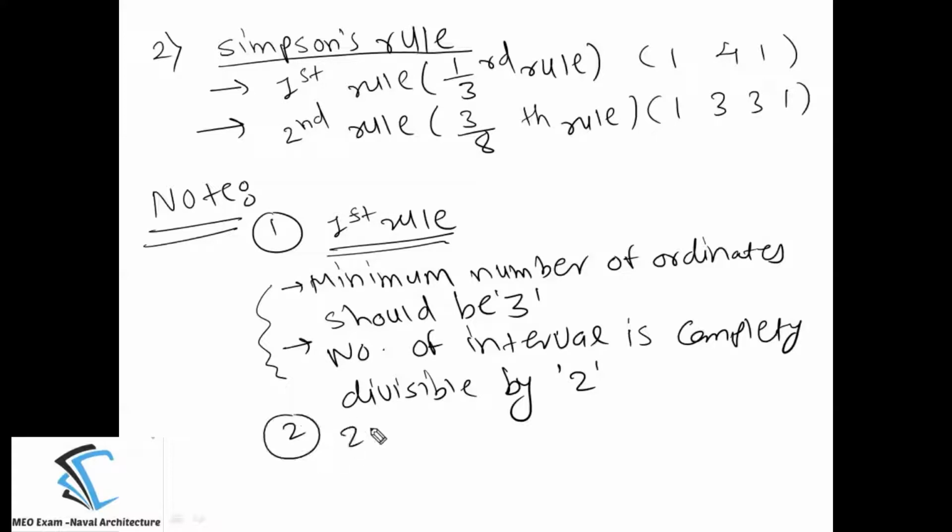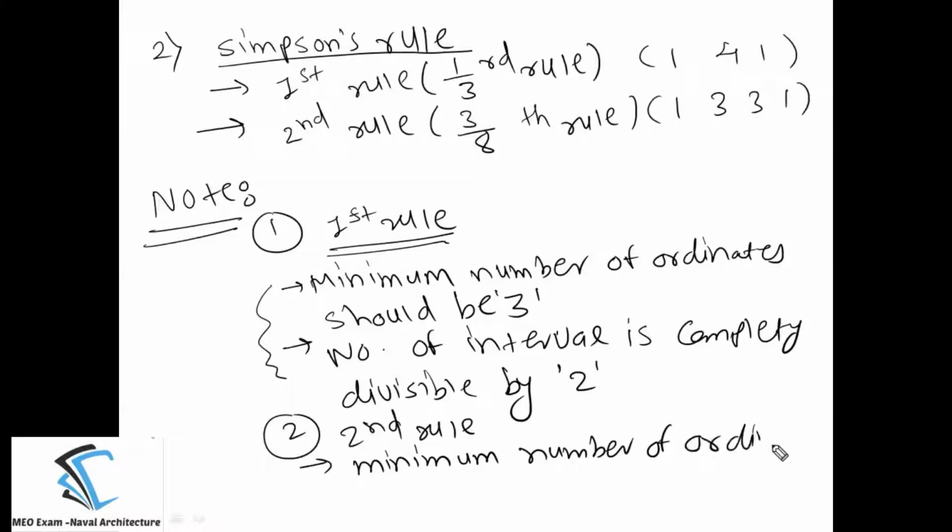Then for the second rule, the minimum number of ordinates should be 4.